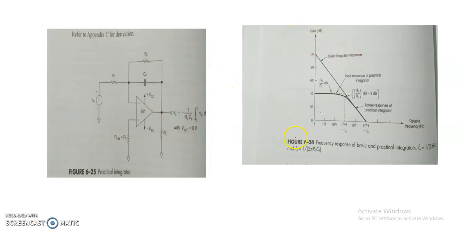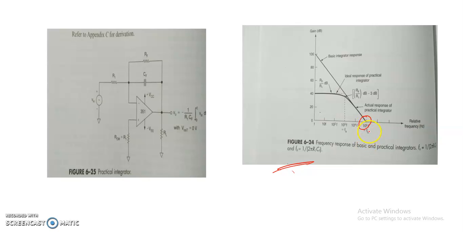This figure shows the basic frequency response of the basic integrator circuit. In this figure, we can define a frequency FB as the frequency at which the gain is 0 dB, or the unit gain. If the gain is 1, the gain in decibel will be 0.